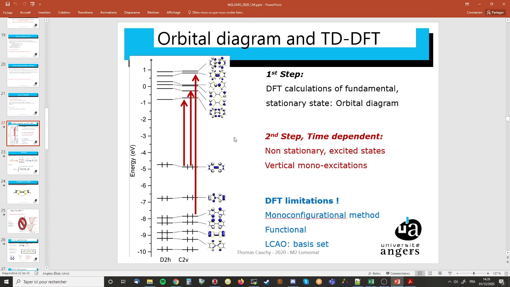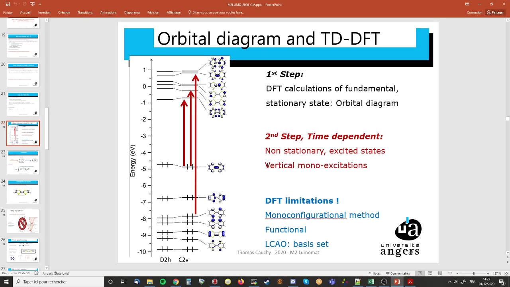So we talk about time dependent because the excited states are not stationary. There are excited states that are not stationary in time, so they depend on time. And it's the general Schrödinger equation, the time-dependent one.